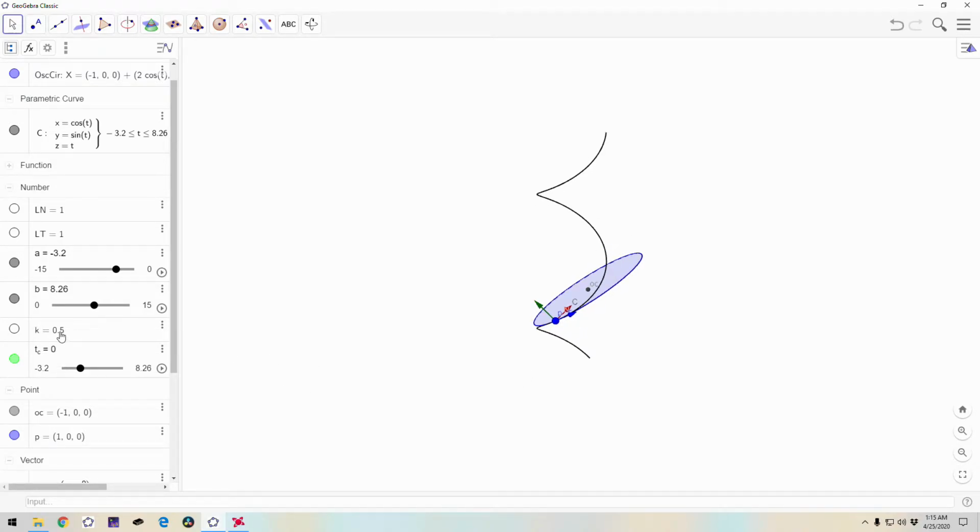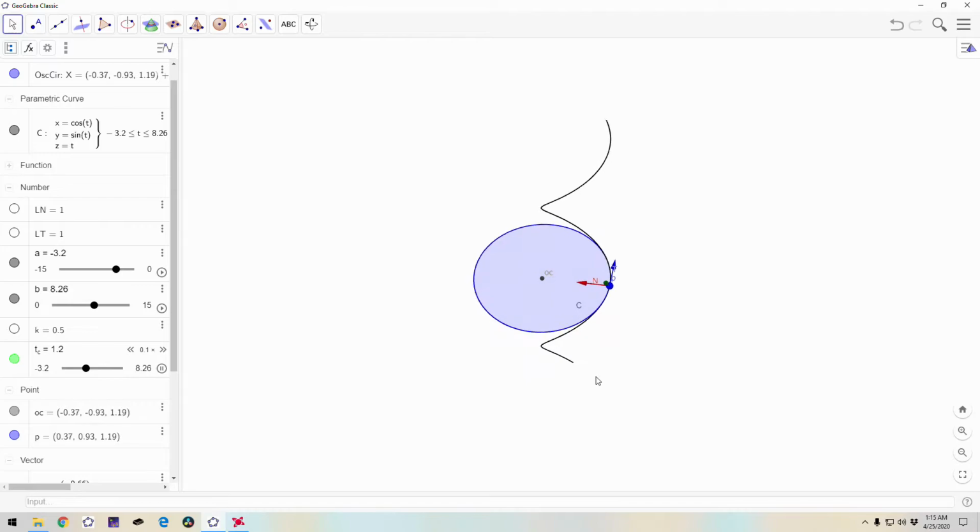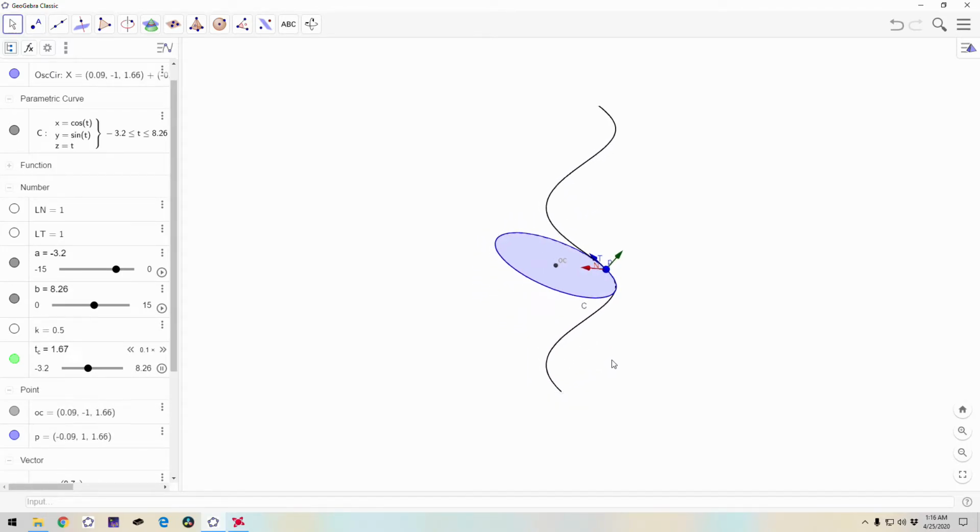This curvature never changes, so the circle is actually never going to change size. Let's hit play and see what happens. The point's moving up the helix there, and then look, the circle is basically just following it, never changing size. It's almost rolling around the curve, if you will, but it's constantly fitting into the curve there.